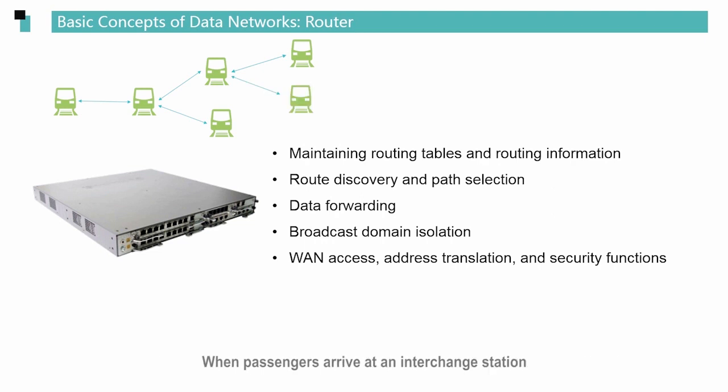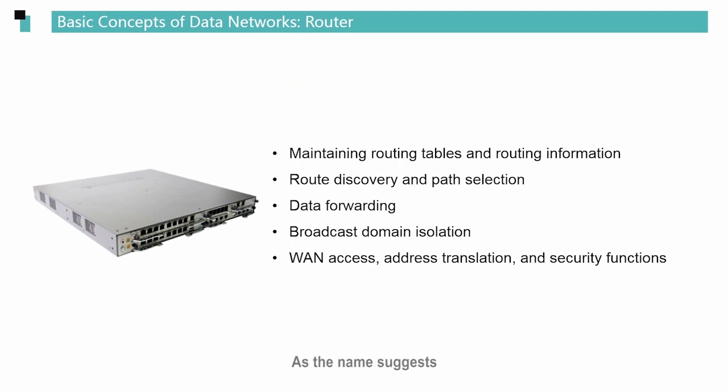When passengers arrive at an interchange station, they look for the correct direction to their destination using a map. With a router, this decision is made by looking up the destination IP address in the routing table, finding the matching entry, and forwarding the packet over the corresponding interface. As the name suggests, routing is a basic function of routers.